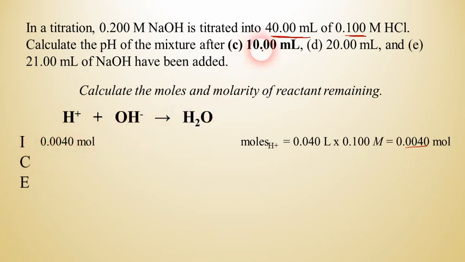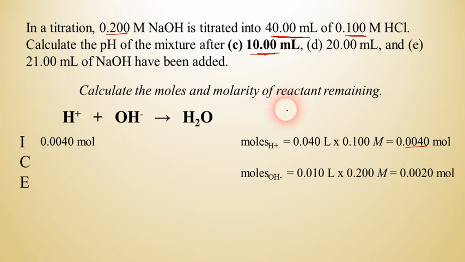Now, the 10 milliliters is the volume of the base. So we're going to find the moles of hydroxide by taking 0.01 liters times the 0.2 molar. That gets us 0.002 moles of hydroxide. So we'll put that into our ICE box here.